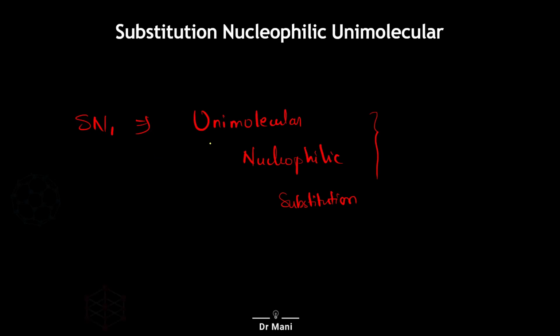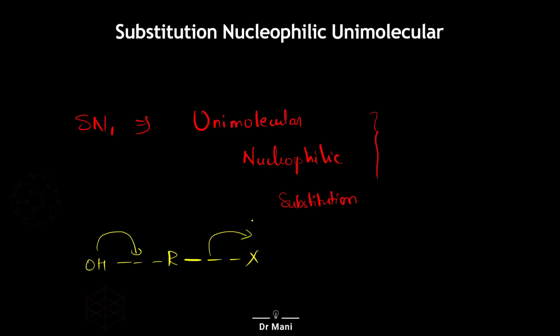SN1 is called a unimolecular substitution reaction because in SN2, there is an alkyl group breaking its bond with the halogen, and at the same time the other one, OH or some other nucleophile, is forming a bond. One is adding, the other is leaving, both happening simultaneously. So we call it bimolecular nucleophilic substitution.